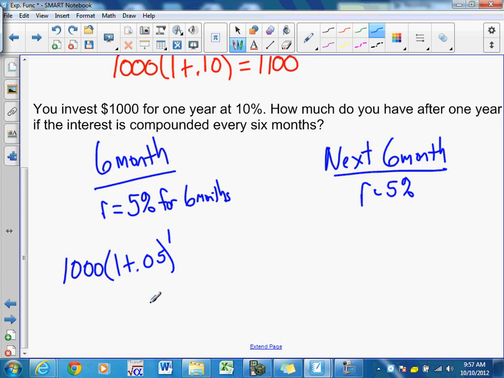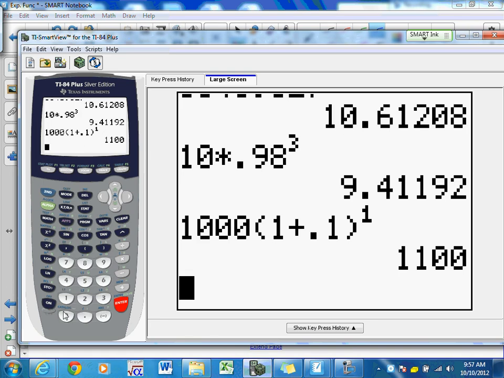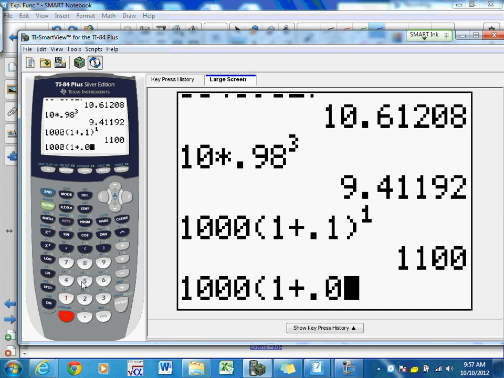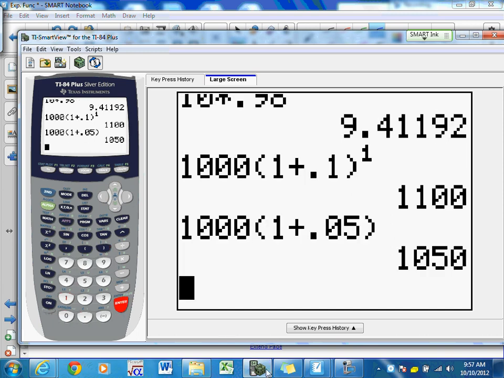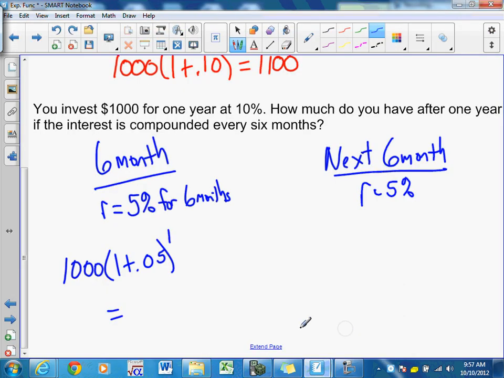That's how my rate and units are the same. So I have 1,000 times 1 plus 0.05, and I get 1050. Which is what you expect, right?